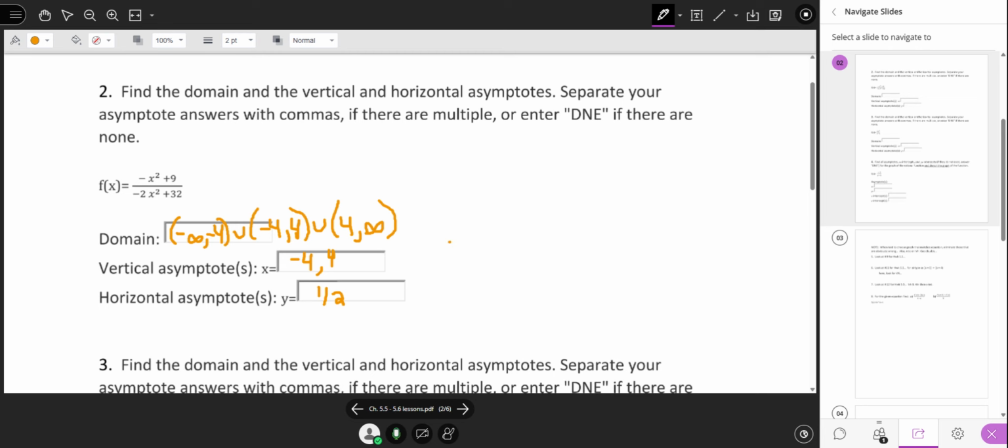Let me kind of show it this way. It was like this.